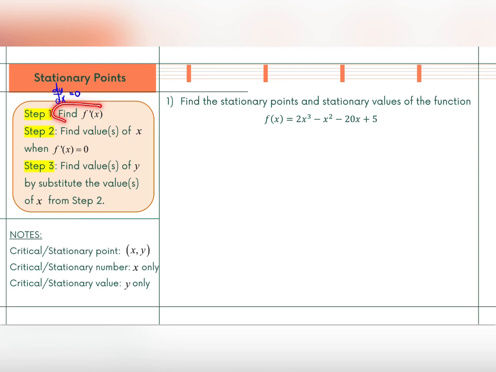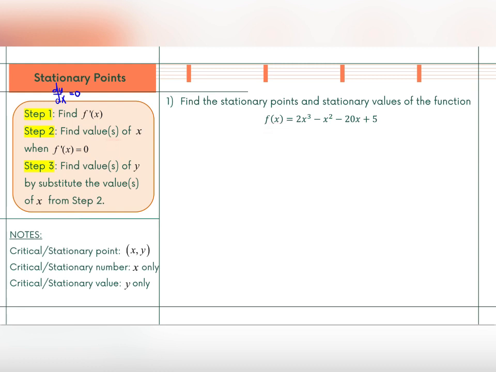So the first one is we find the first derivative. Okay, lepas kita dah cari first derivative, kita dapatkan value of x apabila f prime x is equals to 0. Lepas dah dapat value of x, kita cari value of y dalam function f x, menggunakan x yang kita dapat daripada step yang kedua ni lah. Okay, dah dapat x, cari y, kita masukkan dalam original function. Okay, so itu adalah cara untuk dapatkan stationary points.